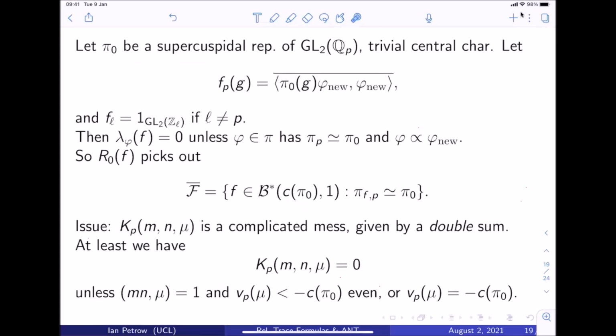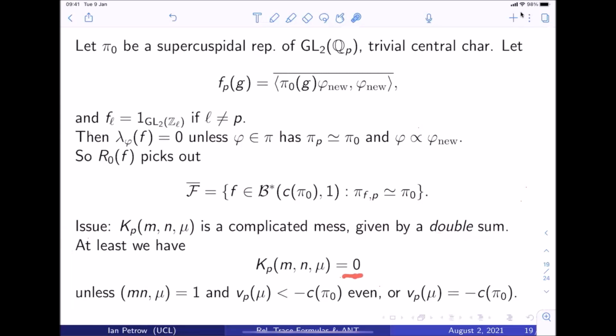An issue with evaluating these p-adic integrals is that these generalized Kloosterman sums for this choice of test function become a complicated mess. And particularly they're given by a double sum instead of a single sum like we would get with a classical Kloosterman sum. At least you can still analyze where they vanish.